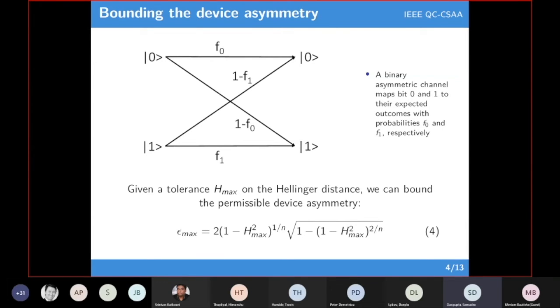This should be of direct relevance to quantum programmers, in the sense that they will like to avoid the qubits which exceed such an epsilon max threshold.